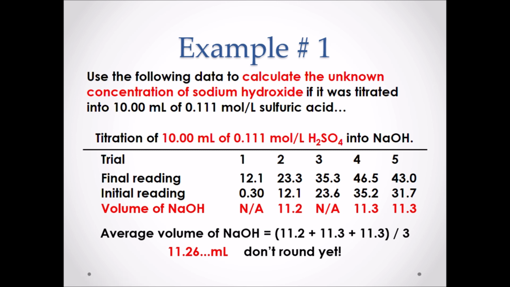Therefore, our end answer should have 3 significant digits. Note, if we did use trial 1, our end answer would have 2 significant digits, and that is from the 0.30 value. But since we only used trials 2, 4, and 5, our end answer, again, will have 3 significant digits.